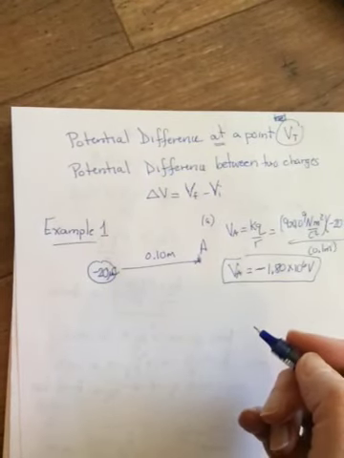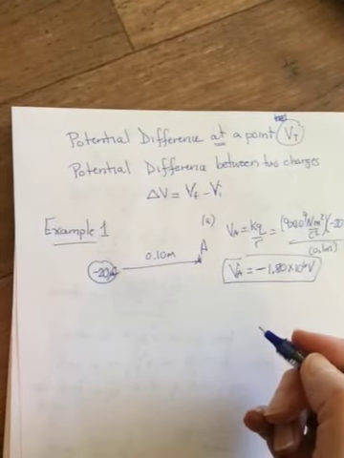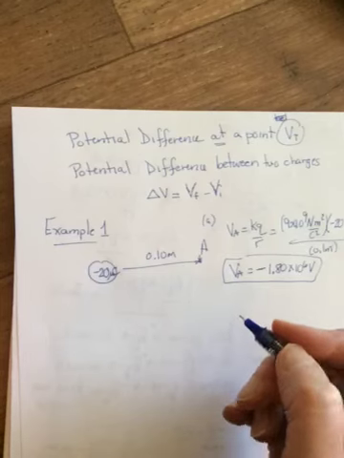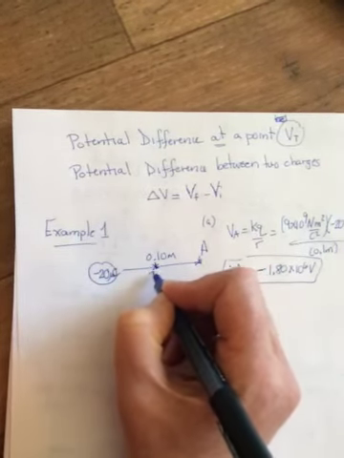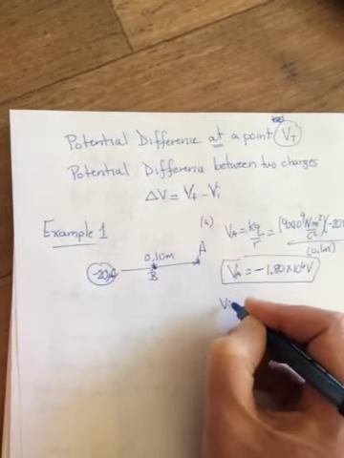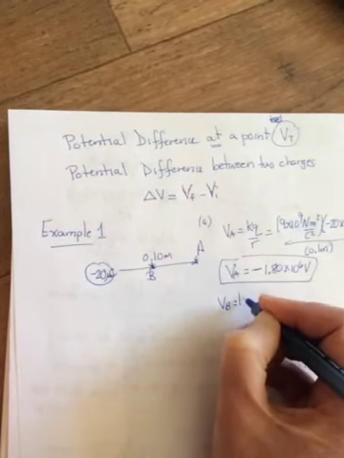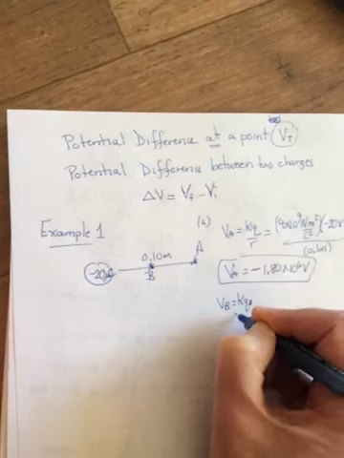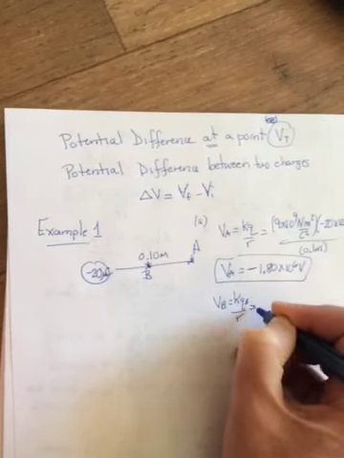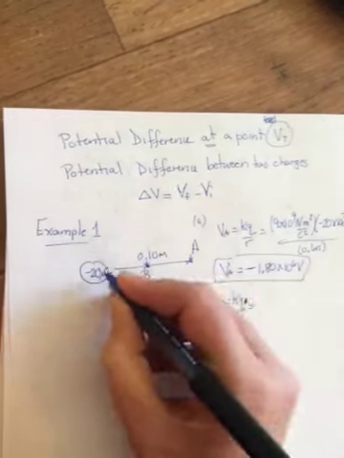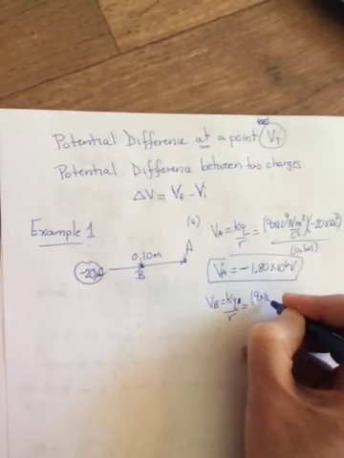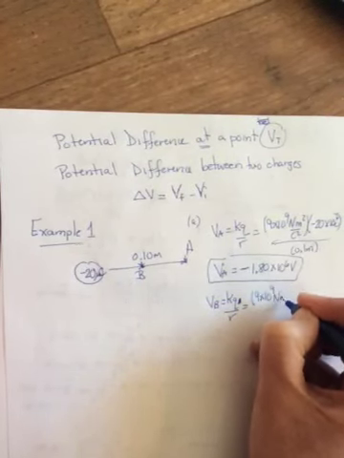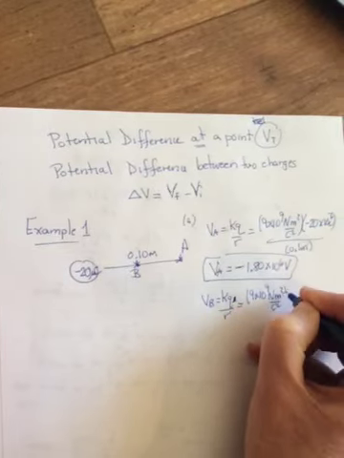B says, calculate the electric potential difference at point B, located 5 centimeters away from the same charge. So point B is here, and we want to find VB. So it will be equal to kQ over r. Oh, sorry, it's not QB, it's just Q. It's that Q in the center. So 9 times 10 to the 9th newton meters squared per coulomb squared.